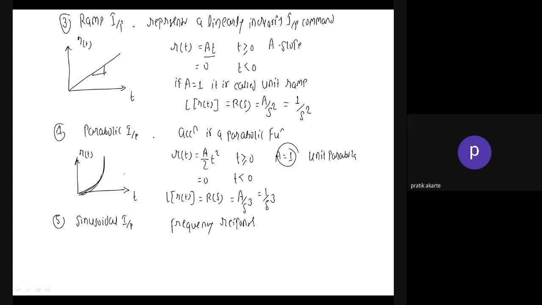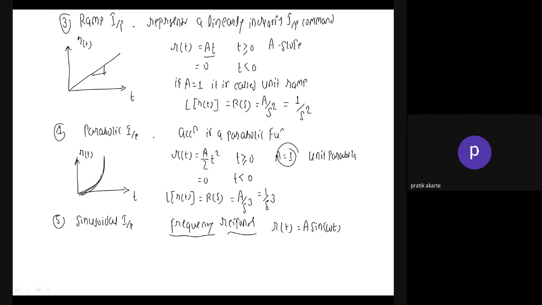So it is more inclined toward the frequency response. It is given by the formula r is equal to A sine omega t. Okay, so this is what we call sinusoidal input.